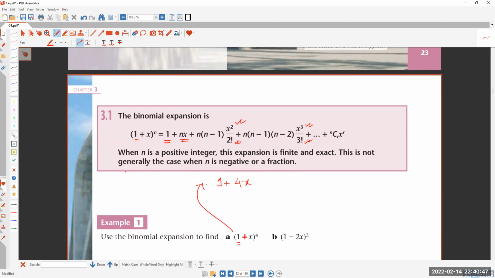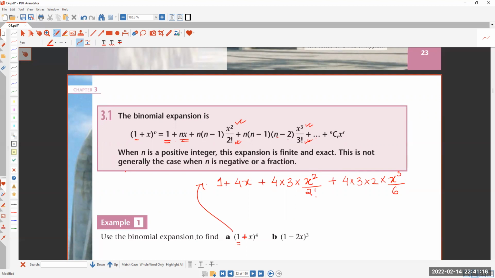Then n is 4, so 4 into 3, x squared divided by 2 factorial. Then plus again 4 into 3, but this time you write into 2 as well, because 4 minus 2 is 2, then x cubed divided by 3 factorial, that is 6.